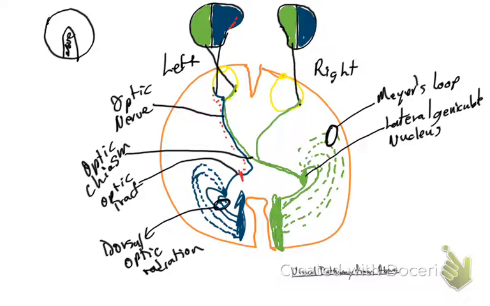So nasal, which is also toward the midline, or then it's going to be lateral, which is going to be right here. Got it? And then if the patient has a lesion in the optic tract on the left side, for example, the patient is going to present with contralateral homonymous hemianopia.